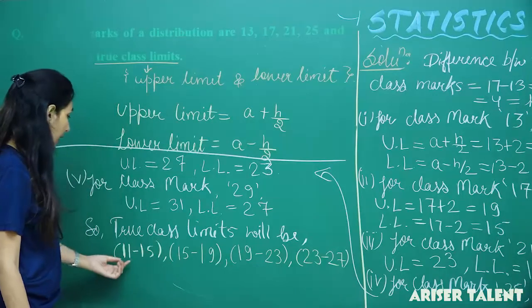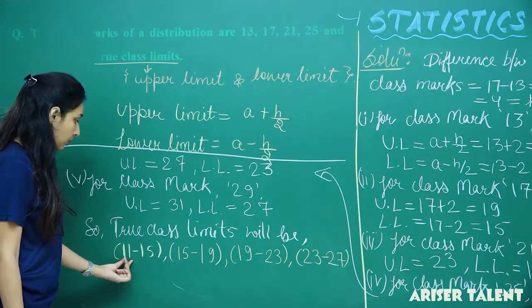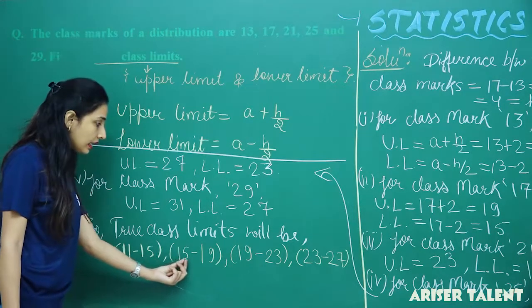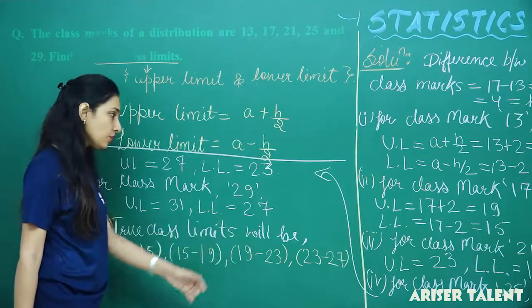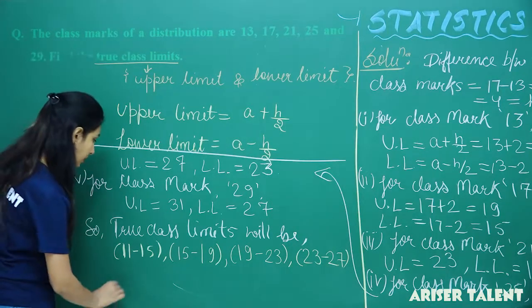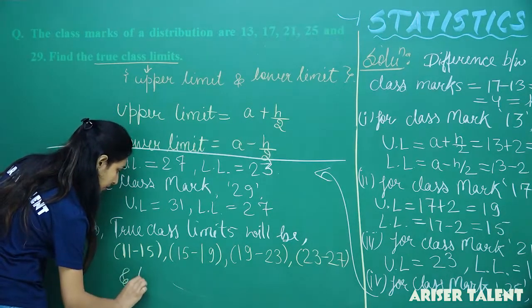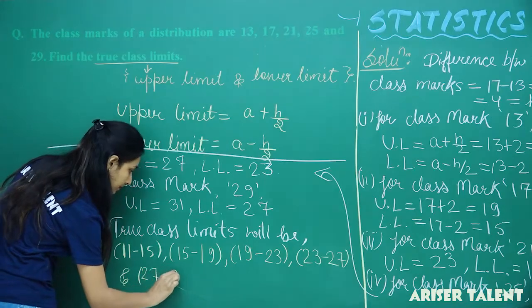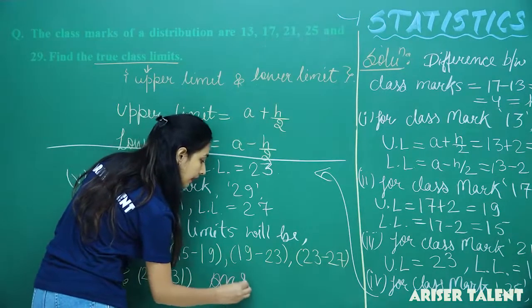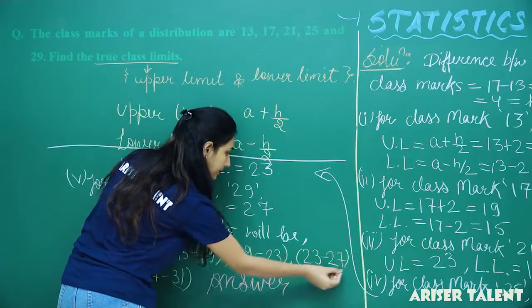What I am doing? Writing the lower class first, then dash, then the upper class, then the lower class, then the upper class and so on. Then 27 to 31. So, this is going to be our answer.